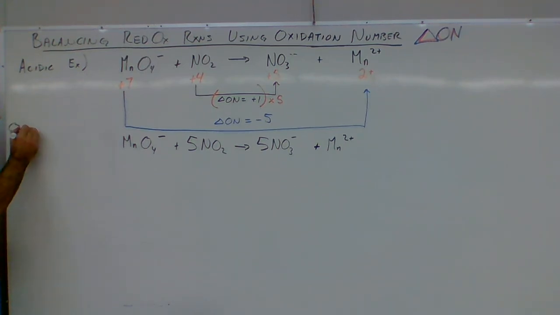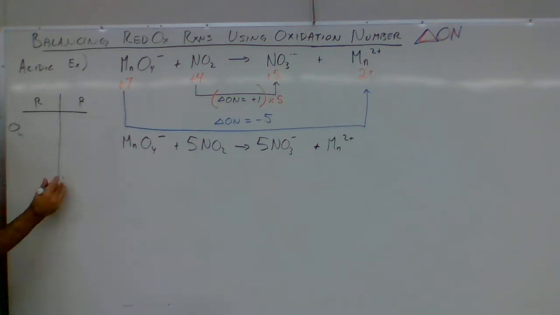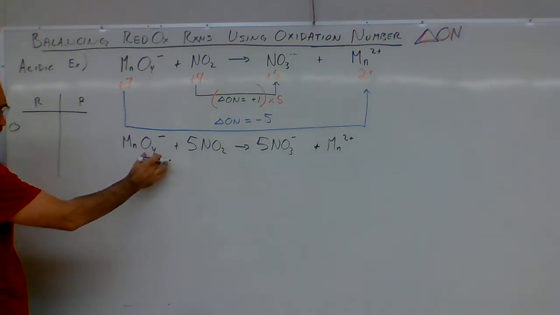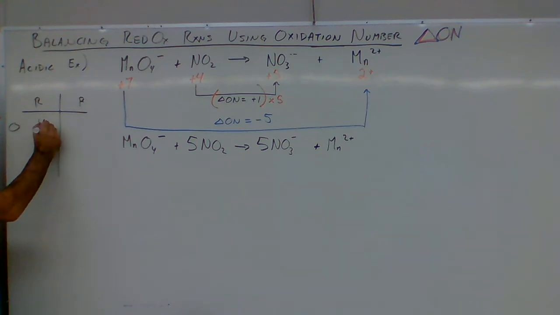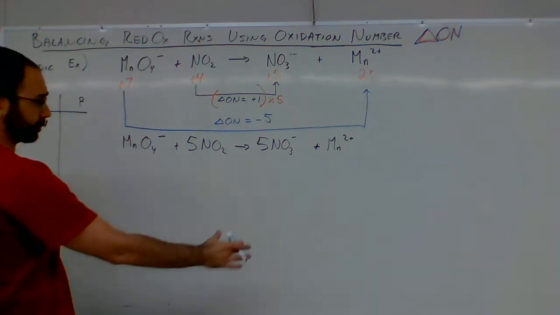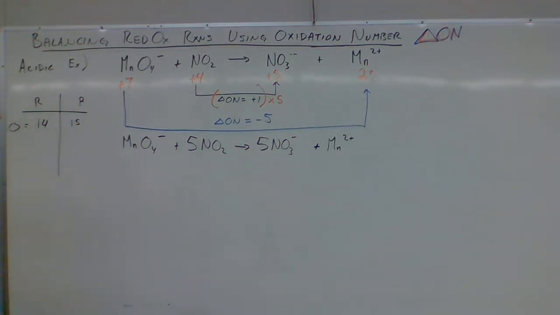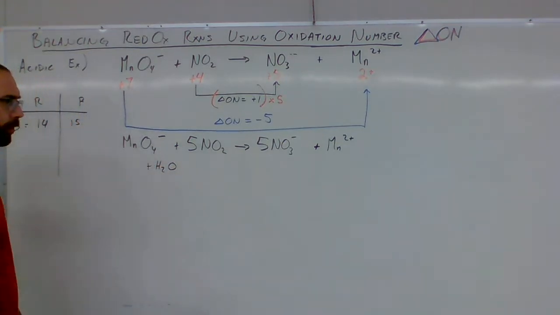We've got our reactant side and our product side. I've got 4, and 5 times 2 gives me 10, so I've got 14 on the reactant side. 5 times 3 gives me 15 on my product side, so I need to add in 1 H2O.